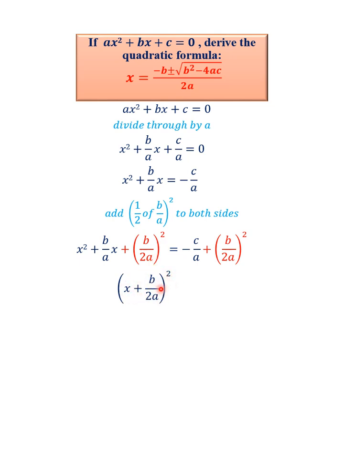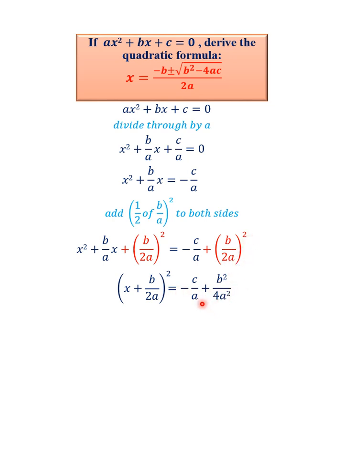If you expand this x plus b all over 2a squared, you are going to get this expression on the left hand side back. And then the right hand side is also equal to c all over a plus b raised to power 2 gives us b squared. 2a raised to power 2 gives us 4a squared. 2 raised to power 2 is 4. a raised to power 2 is a squared.